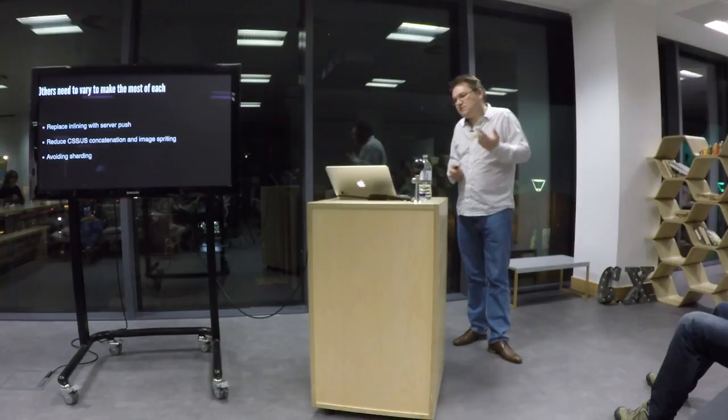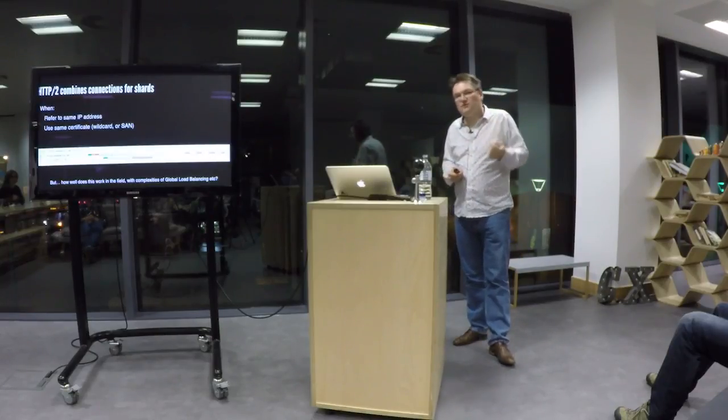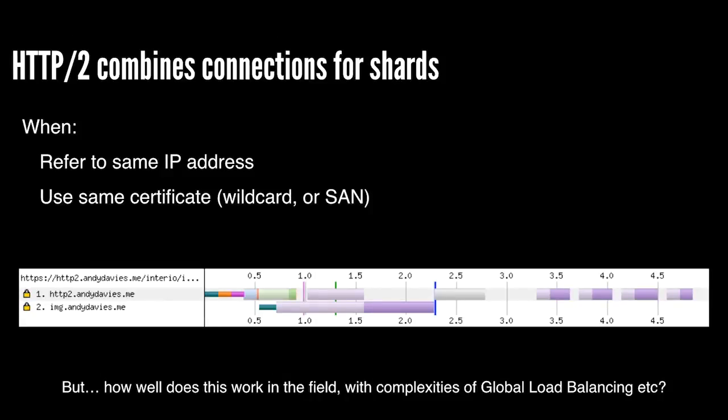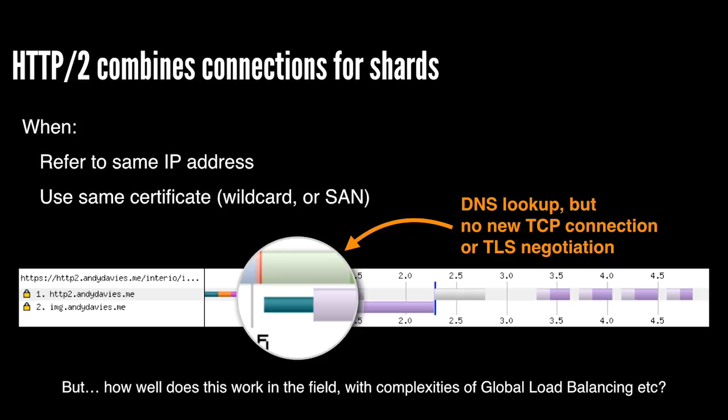And HTTP2 will do something really interesting with sharding. If you have 2 shards, so 2 host names that resolve to the same IP address and are protected by the same certificate, then HTTP2 will coalesce them into a single connection. So what we see here is we've got 2 host names, they resolve to the same IP address.